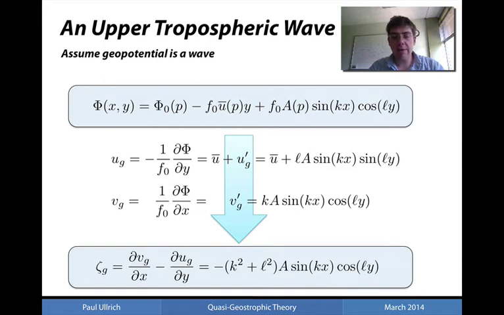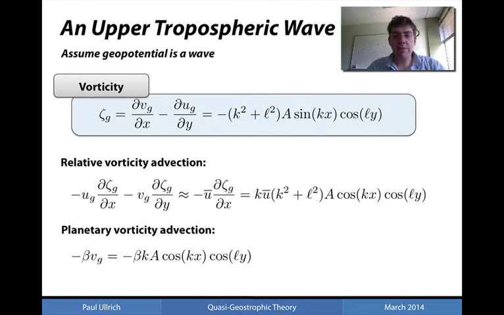Here, however, we have the addition of the minus k squared plus l squared term. Now, ignoring the wave numbers for the time being, observe that taking the second derivative of this geopotential term simply leads to a term proportional to the negative of the original term, where the constant of proportionality is k squared plus l squared, or the sum of the squares of the corresponding wave numbers associated with this wave.